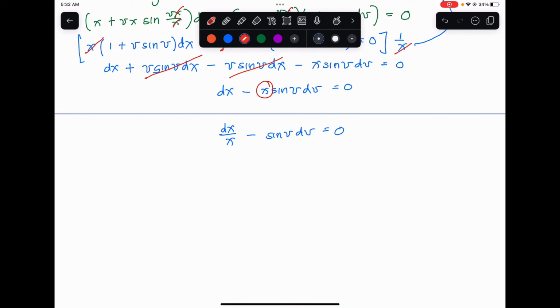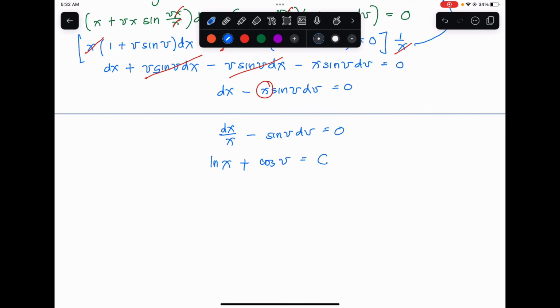So integrating both sides, we have ln x, then minus the integral of sine v, which is plus cosine v, is equal to c.